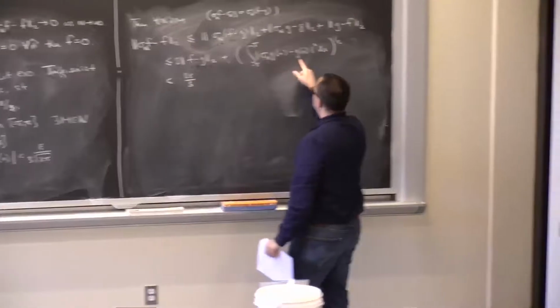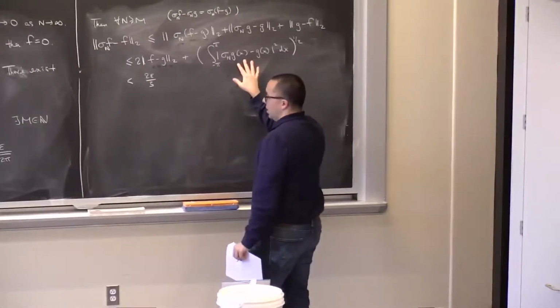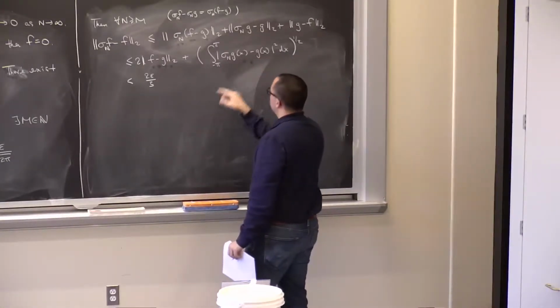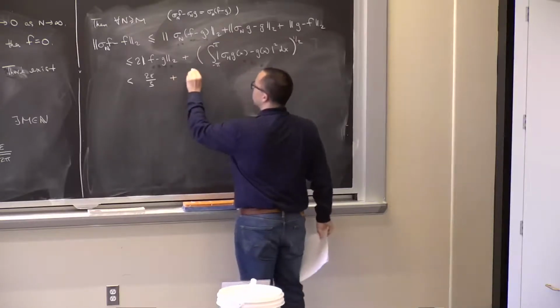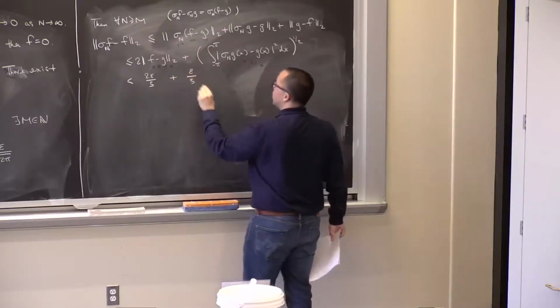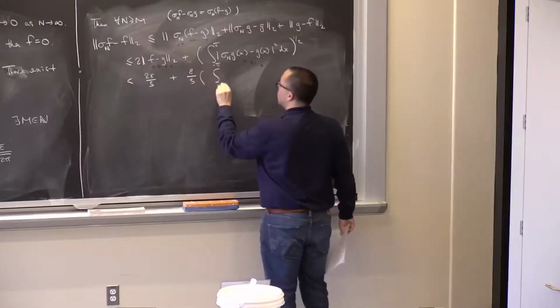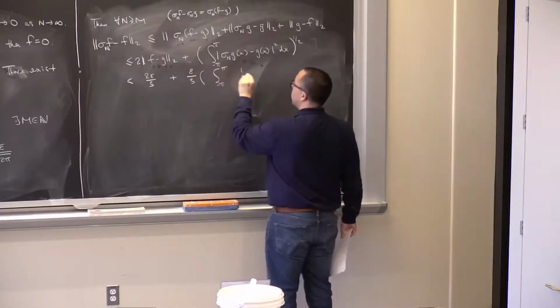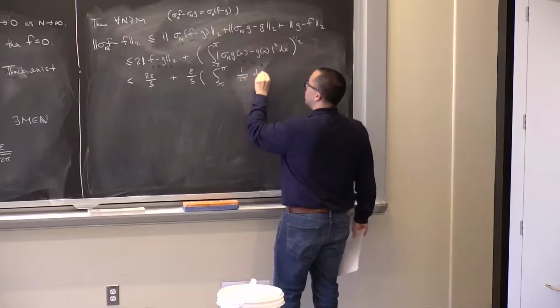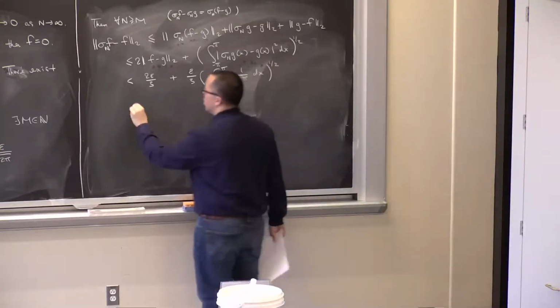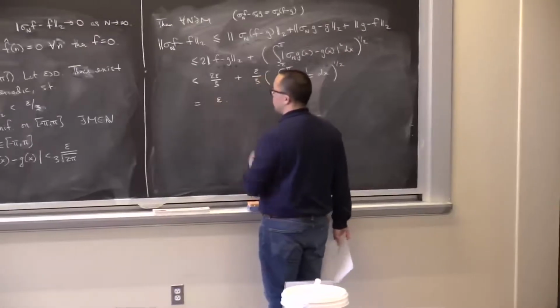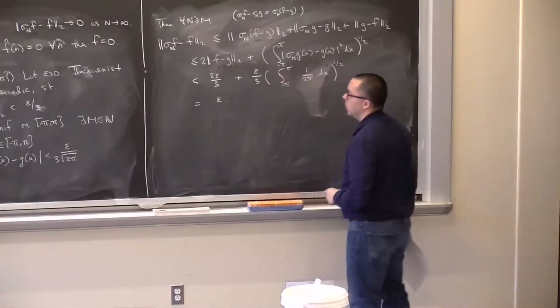Sigma n G minus G is less than epsilon over 3 square root of 2 pi here. So I get epsilon over 3, that pulls all the way out, the integral from minus pi to pi of 1 over 2 pi dx. And I just get epsilon in the end. Okay?